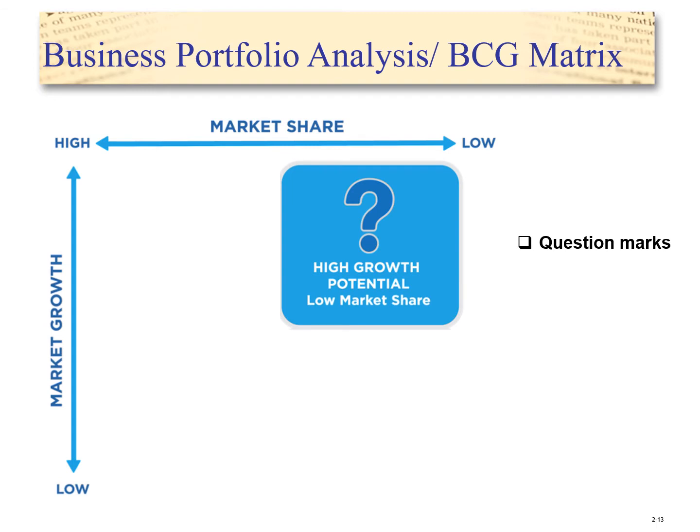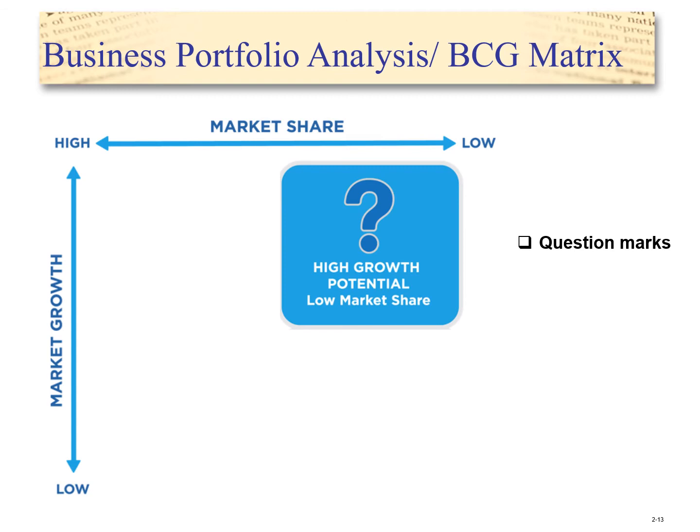Now, when we have an SBU, a strategic business unit, a division in our organization that has low current market share, but is in the high market growth quadrant, which means the market that this SBU is in is growing, it has high market growth, but currently our division has low market share.